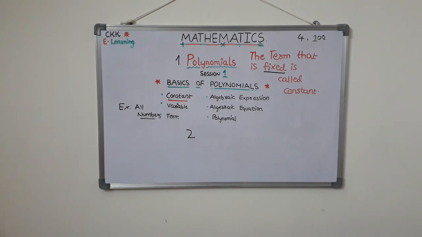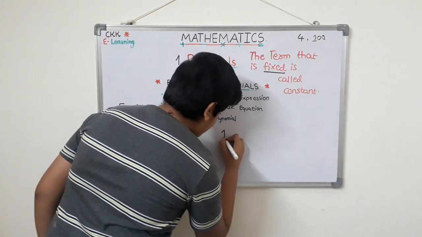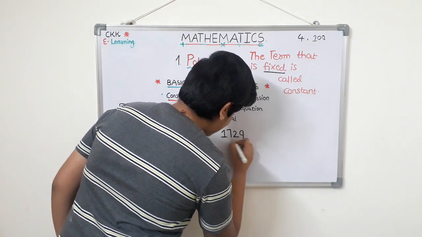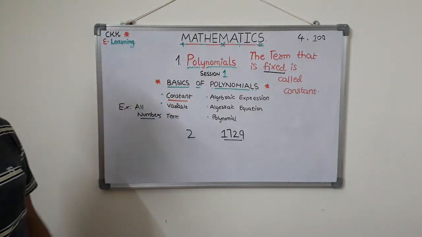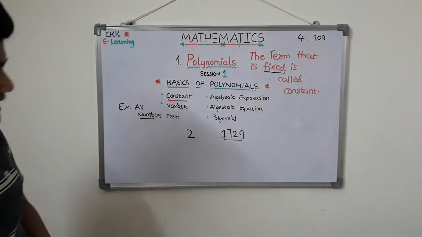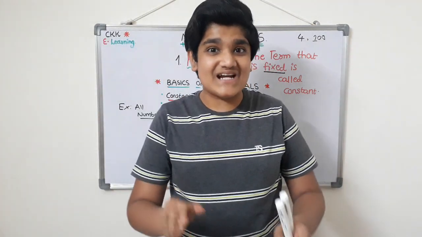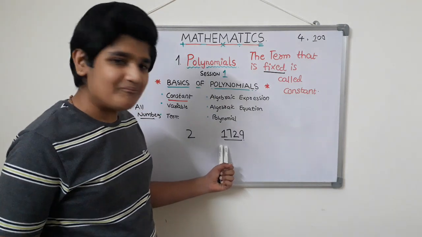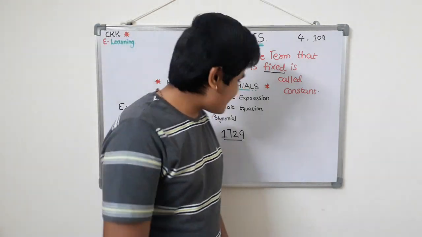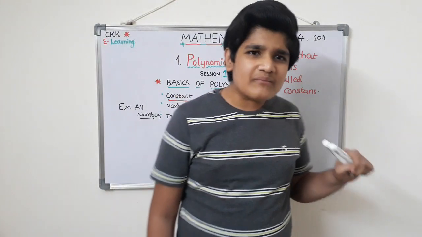I'll give you one more example. 1729. Did you recognize what is this number? It's Ramanujan's number. Now see very carefully. Will the Ramanujan number change?